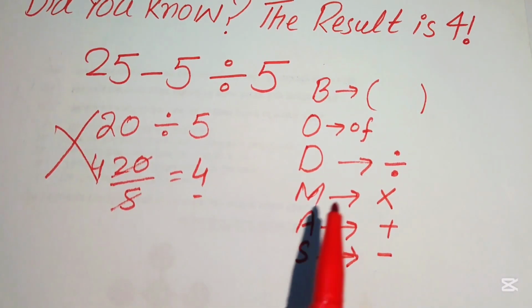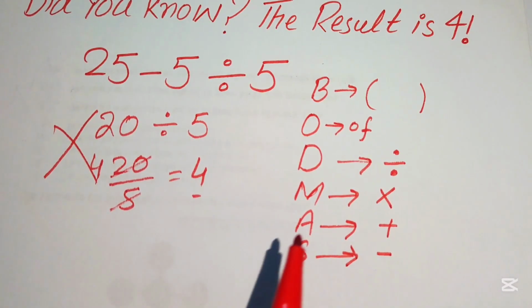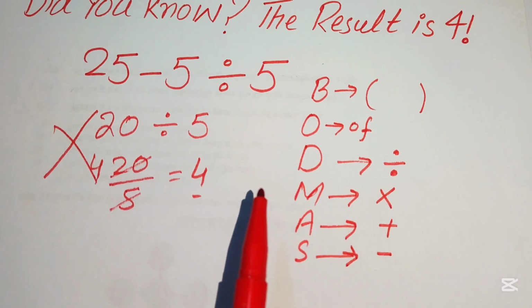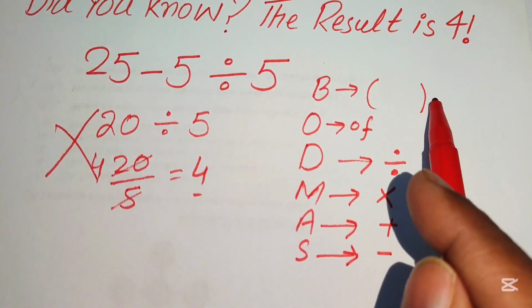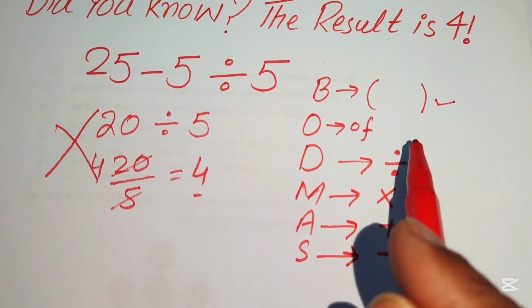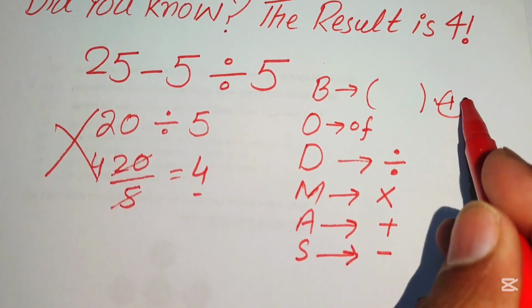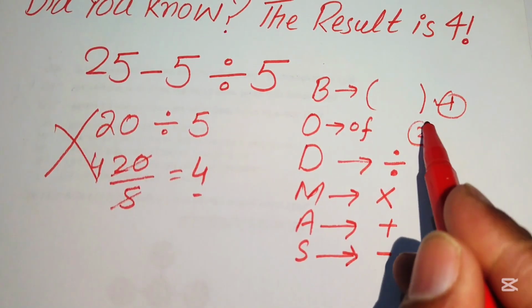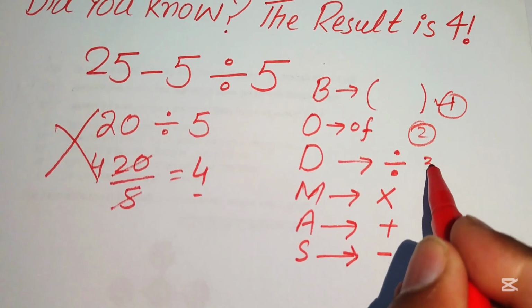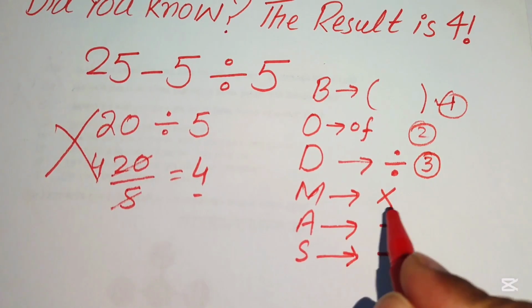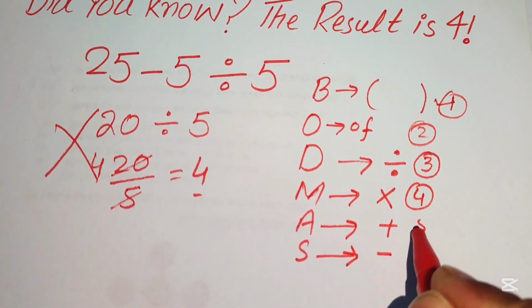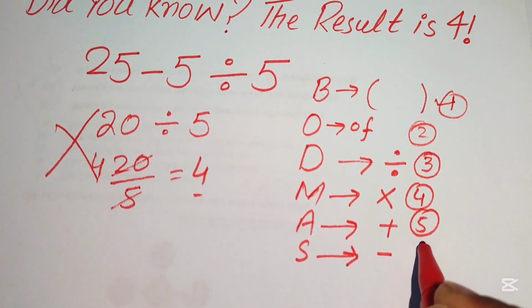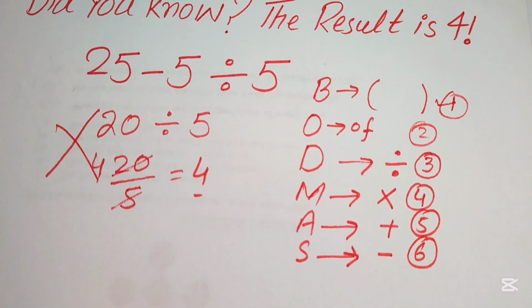So you remember this order of operations. In your question, you can first solve the bracket. Second, you can solve the of sign, third the division, fourth the multiplication, fifth the addition, and sixth the subtraction.